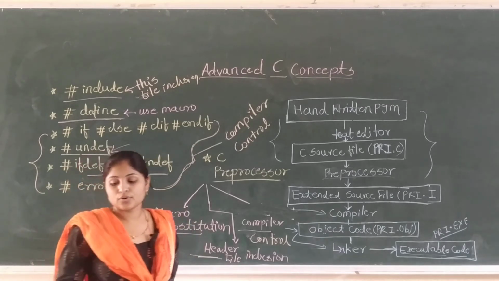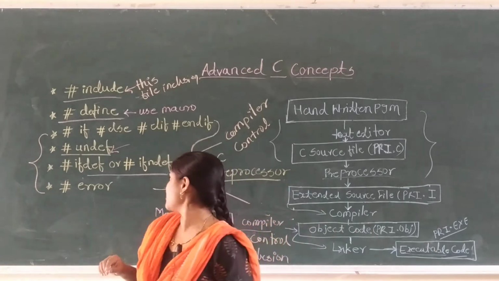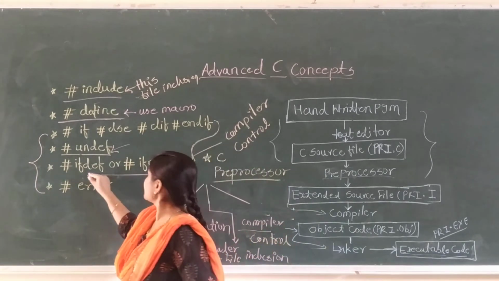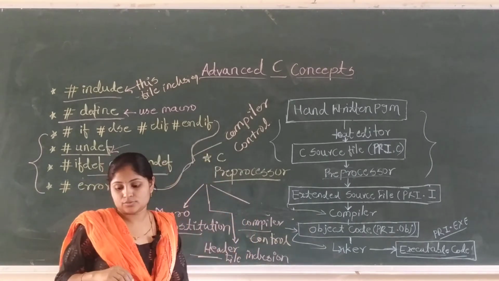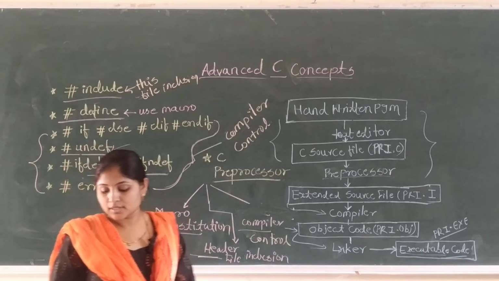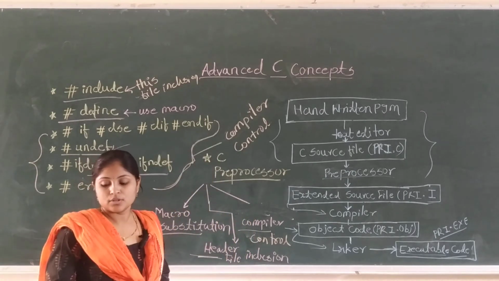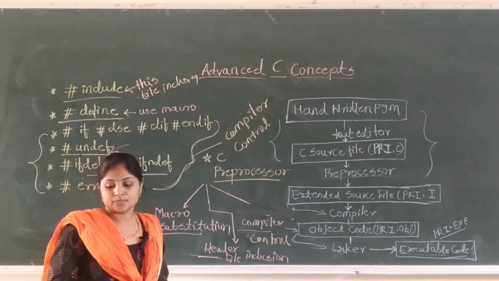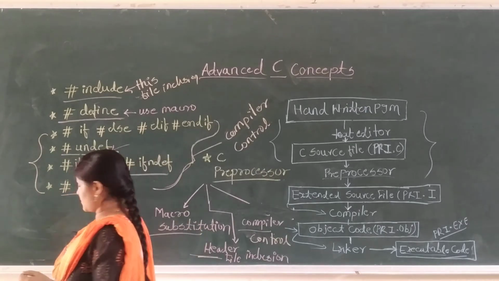If you want to go for a particular condition before the actual program starts, that time we will use these ifdef or ifndef conditions or directives. The same thing if I want to do before the actual program. Next one is error.